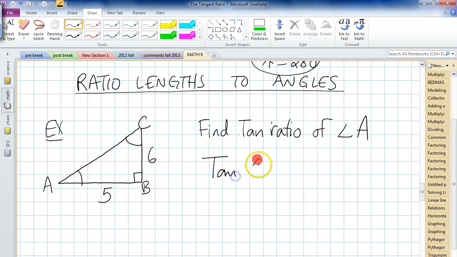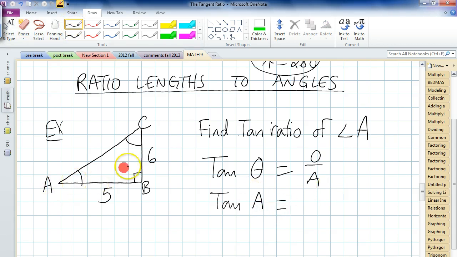Tangent theta equals opposite over adjacent. And we're interested in angle A. That little symbol means angle A. We don't know what A is. We don't know the angle. So we can just leave it as tan. You can call it A if you want, or theta, whatever you want. Let's just call it angle A because that's what it's labeled as.